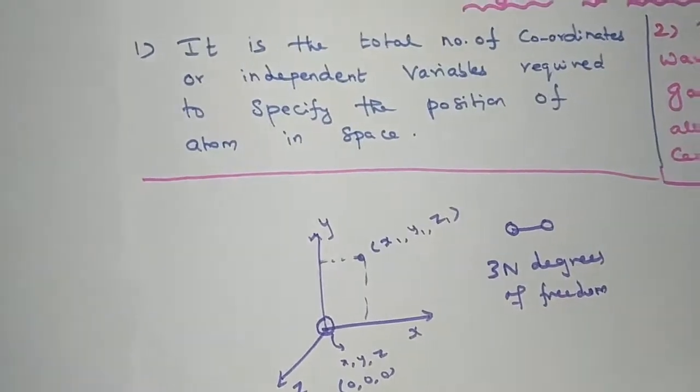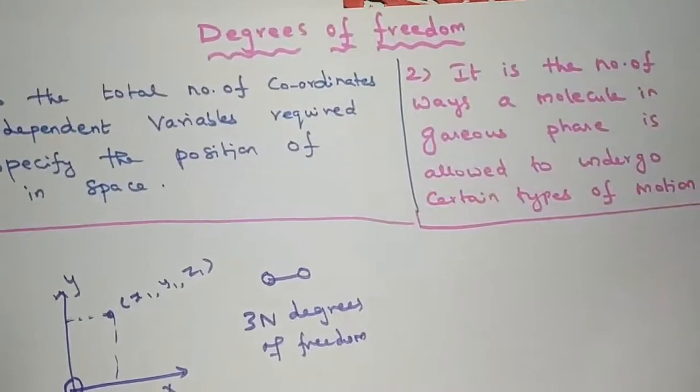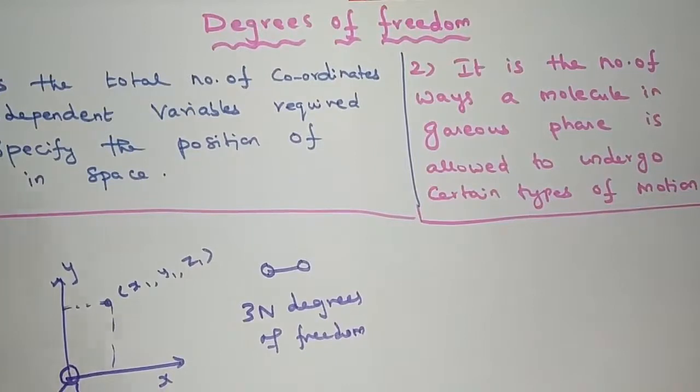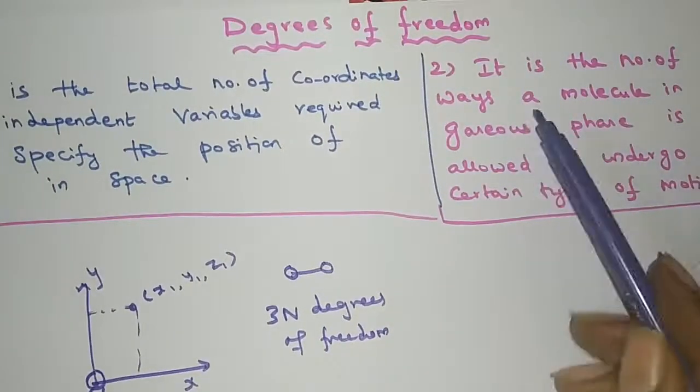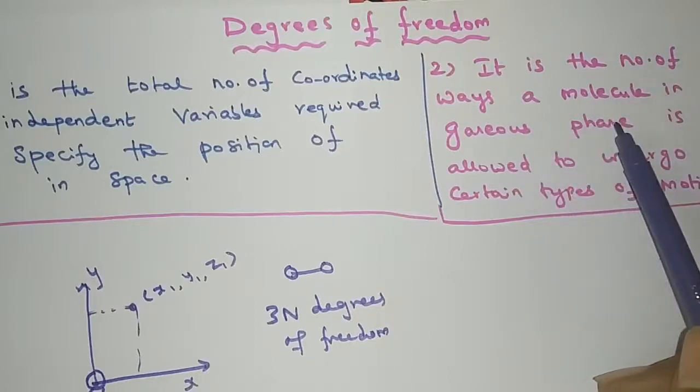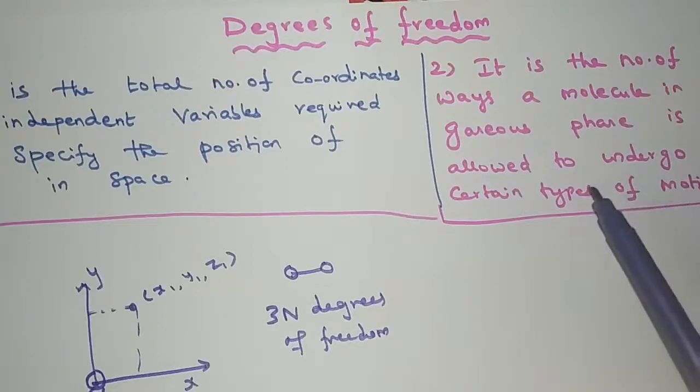So this is my first definition for degrees of freedom. And now I have got second definition for degrees of freedom, and this is very important. It is the number of ways a molecule in gaseous phase is allowed to undergo certain types of motion.